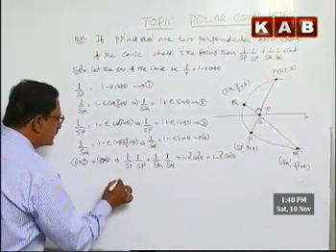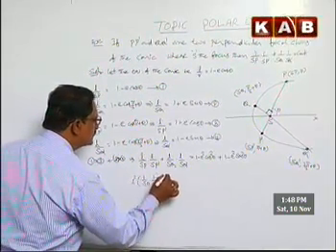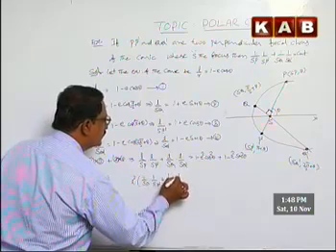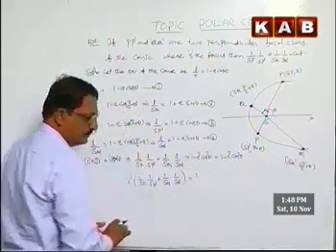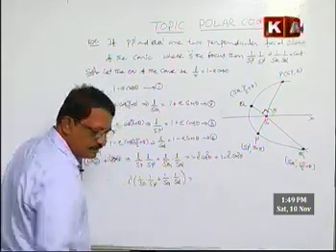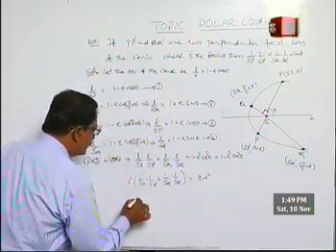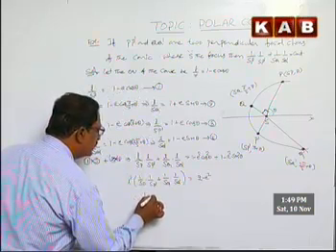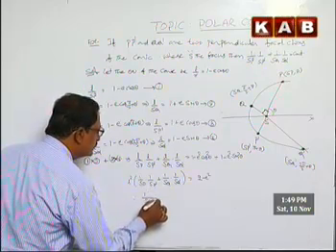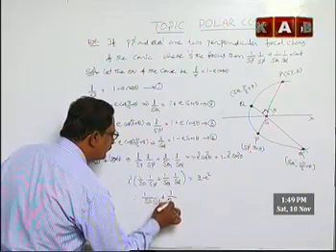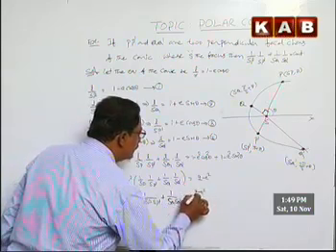Now L square common, 1 by SP into 1 by SP dash plus 1 by SQ into 1 by SQ dash equals to 1 plus 1, 2 minus E square. Therefore, 1 by SP into SP dash plus 1 by SQ into SQ dash equals to 2 minus E square by L square.